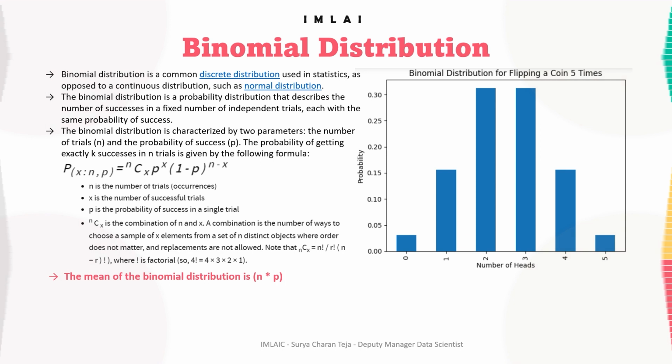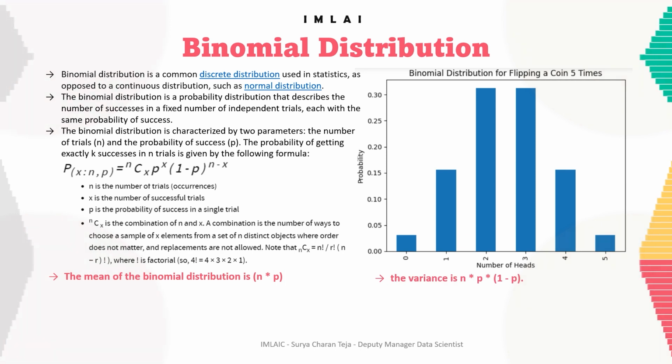Then the variance is n times p times (1 minus p), that is npq. So basically it's the multiplication of the number of trials, the probability of success in a single trial, and the probability of failure in a single trial. You multiply all these, you will get the variance.